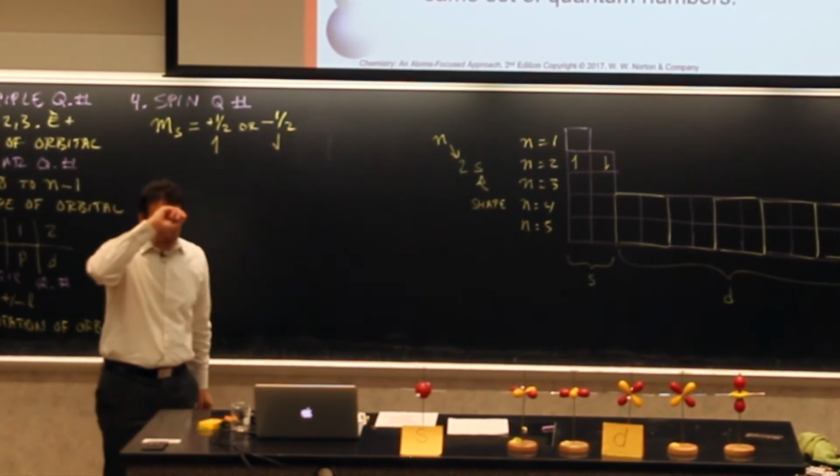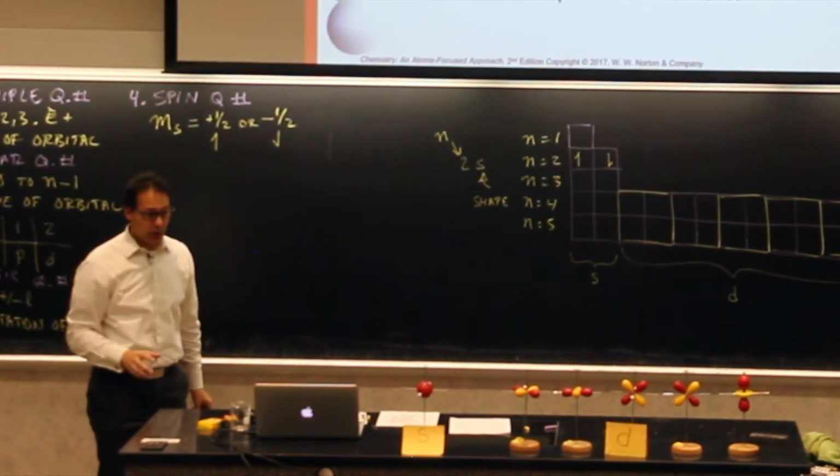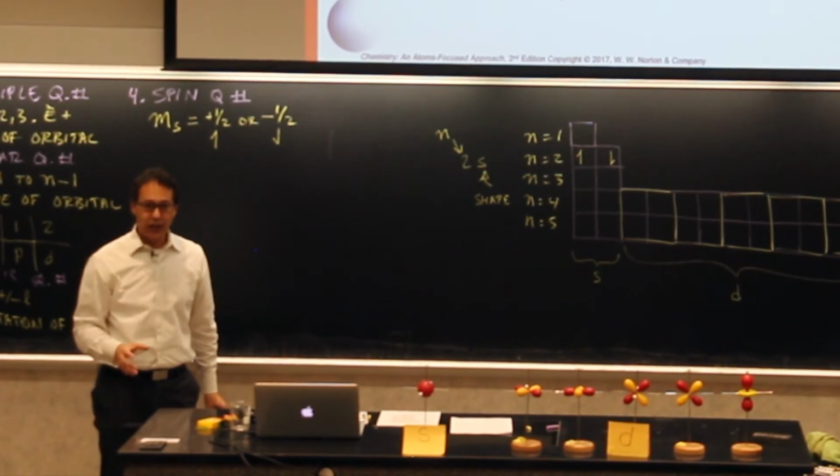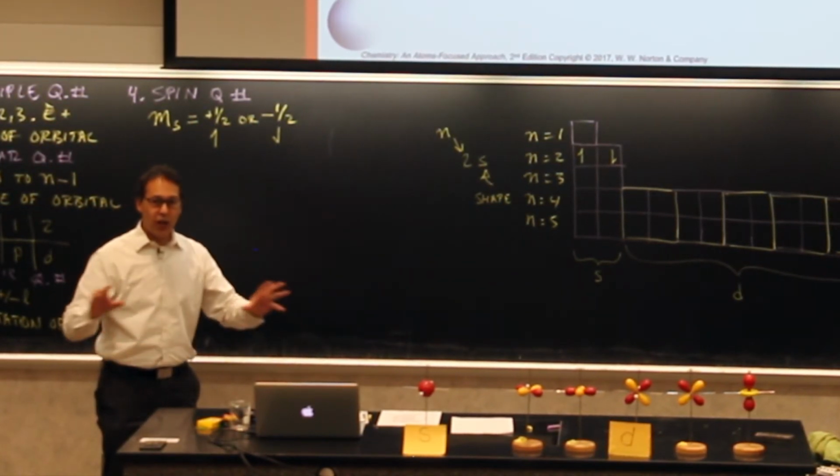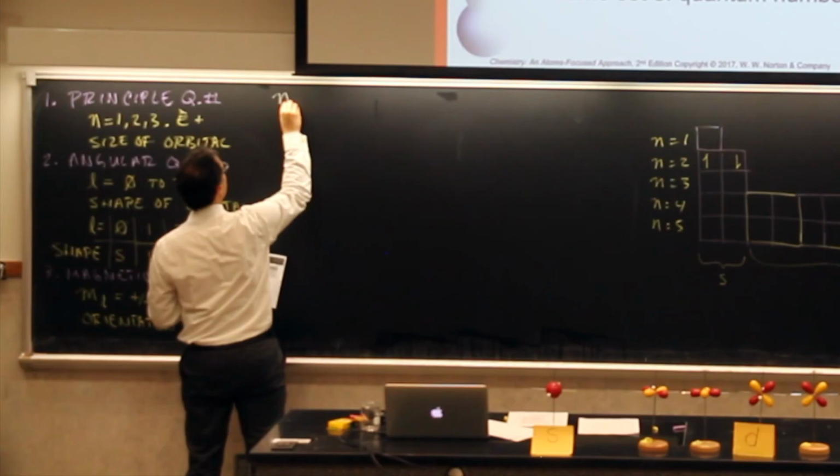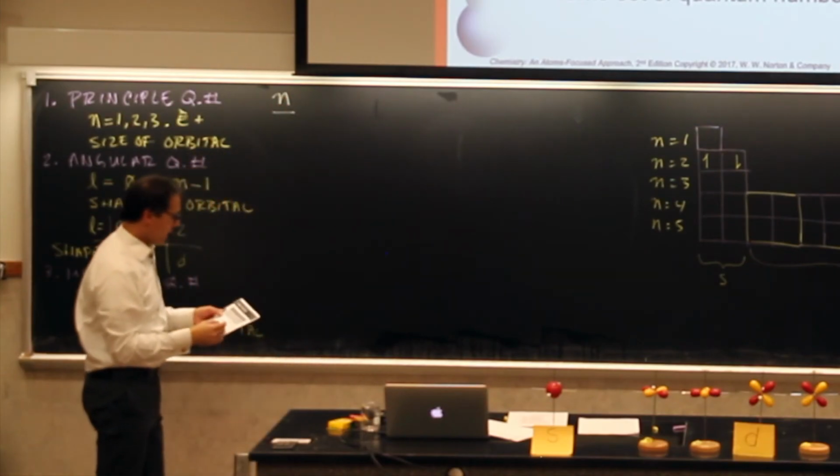All right. So what I'm going to do next is I'm going to make a cheat sheet that puts all of these quantum numbers together. So on our table, we're going to put some columns here.